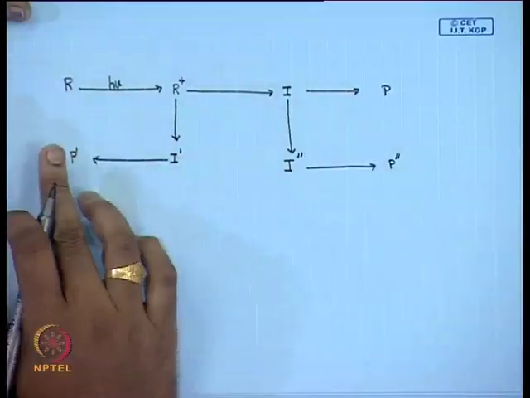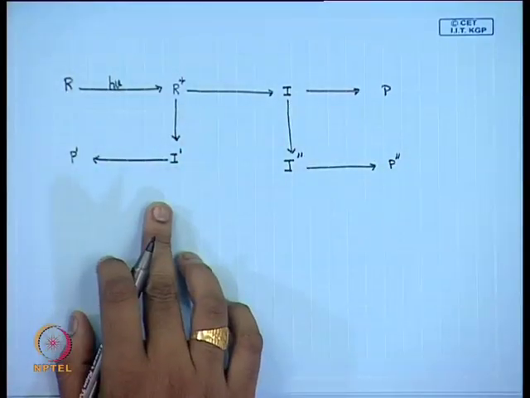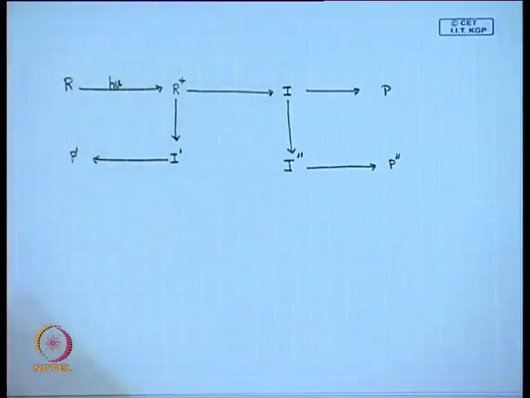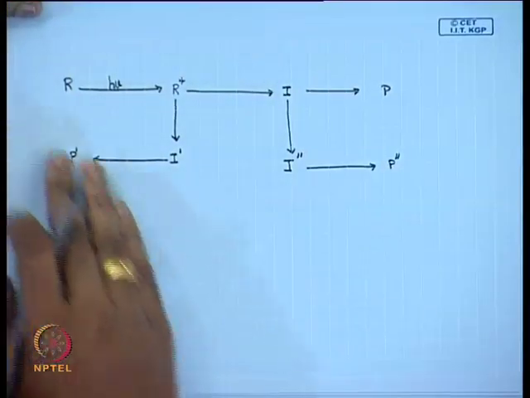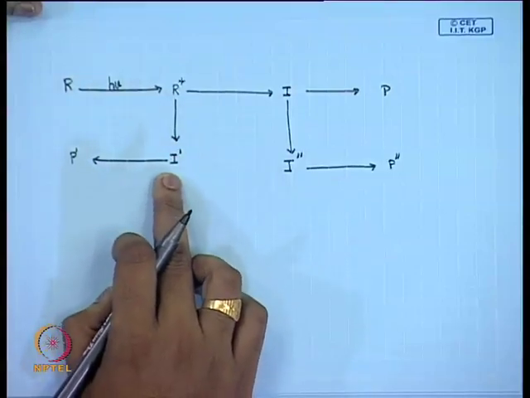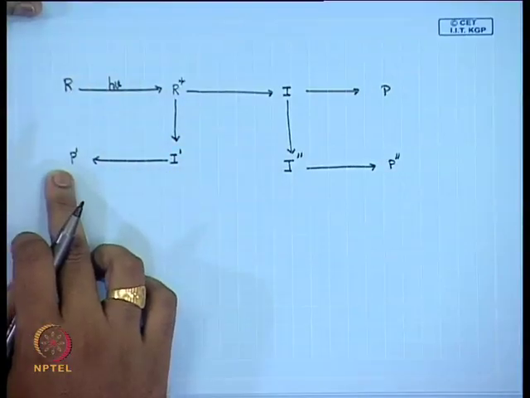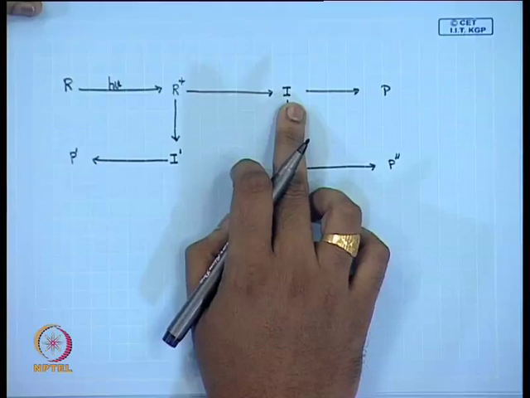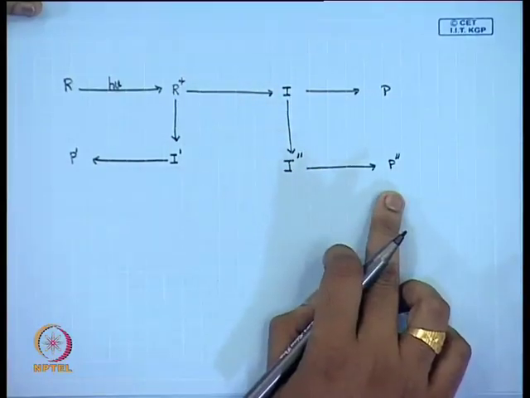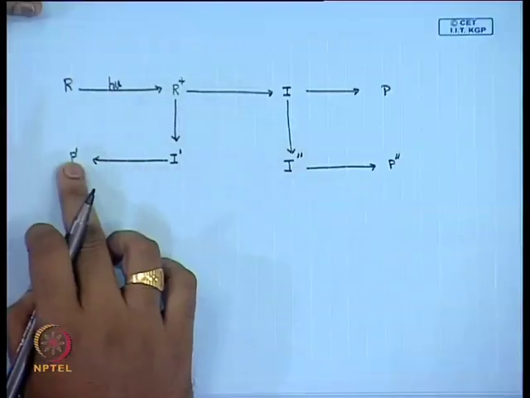So, you see many things can happen. In the first case we have said that R goes to R star and gives me back my R. In the second case, your R gets excited to R star, gives me another intermediate I prime, which gives me a different product, or my R star gives I and gives me I double prime, giving me different products. So, I am getting like 3 products.